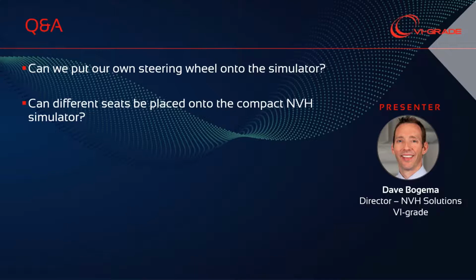And what that does is it enables us to achieve higher vibration levels with these electrodynamic shakers. So it keeps the system simple and low cost. It also helps us separate those degrees of freedom, the vertical and lateral and fore-aft degrees of freedom.